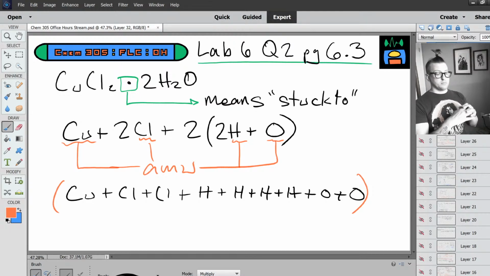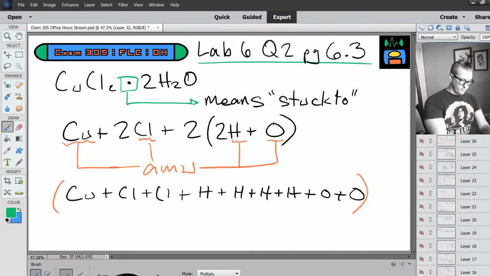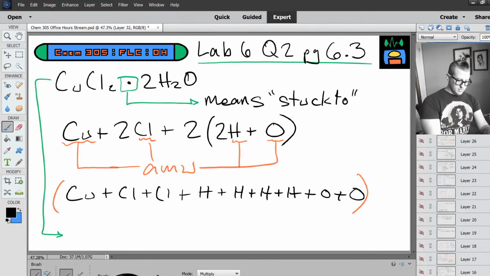That dot doesn't mean multiply. It just means add the mass of 2 water molecules onto the mass of your copper chloride. So another way to look at it is add the mass of 2 waters.